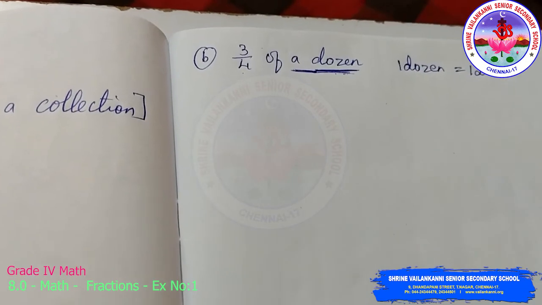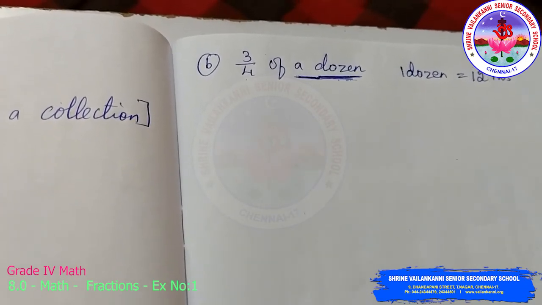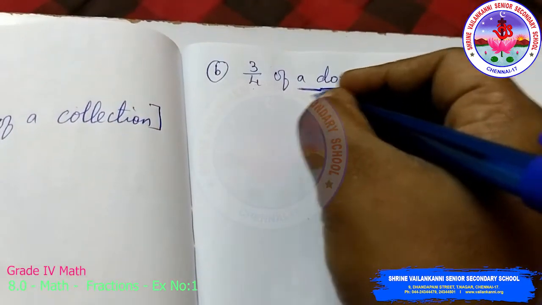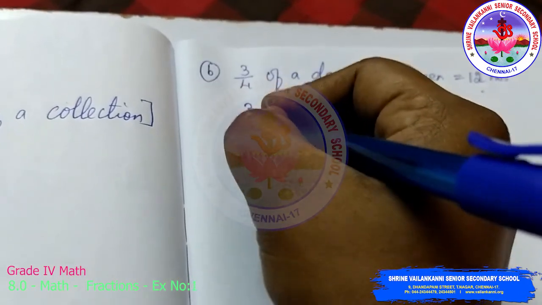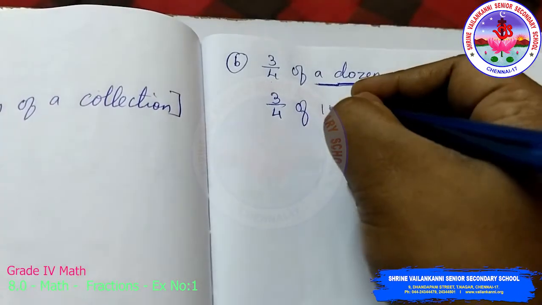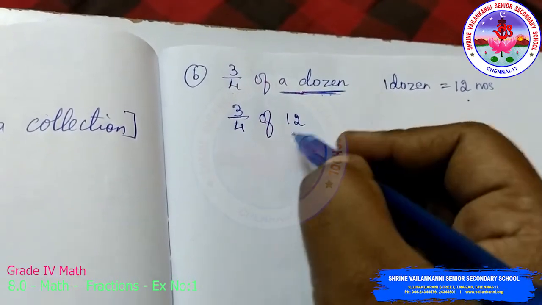So 1 dozen of bananas, how many bananas do you have? 12 bananas, right? So using that concept, this is nothing but 3/4 of 12. Now we got the value of dozen.